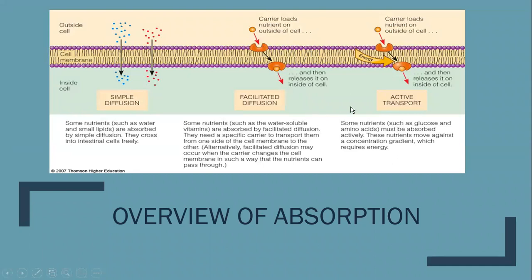And then we have active transport, which requires energy as an input for the process to take something from a low concentration to a high concentration. So if we had a smaller amount outside of the cell and a larger amount inside the cell, we wouldn't be able to freely diffuse. We would require energy to take something from a low concentration gradient to a higher concentration gradient.